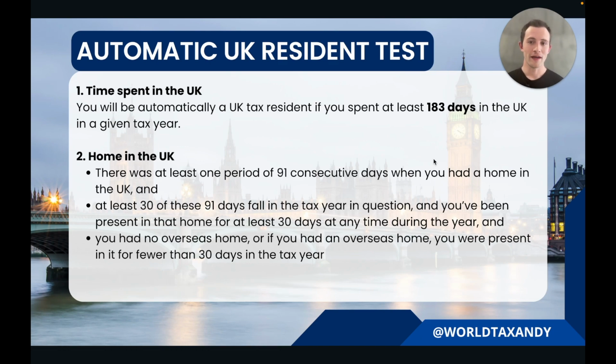Also, at that time you had no overseas home, or if you had an overseas home, you were present in it for fewer than 30 days in the tax year. So essentially, if you have an overseas home, you won't meet this test if you spend more than 30 days of the tax year in it.